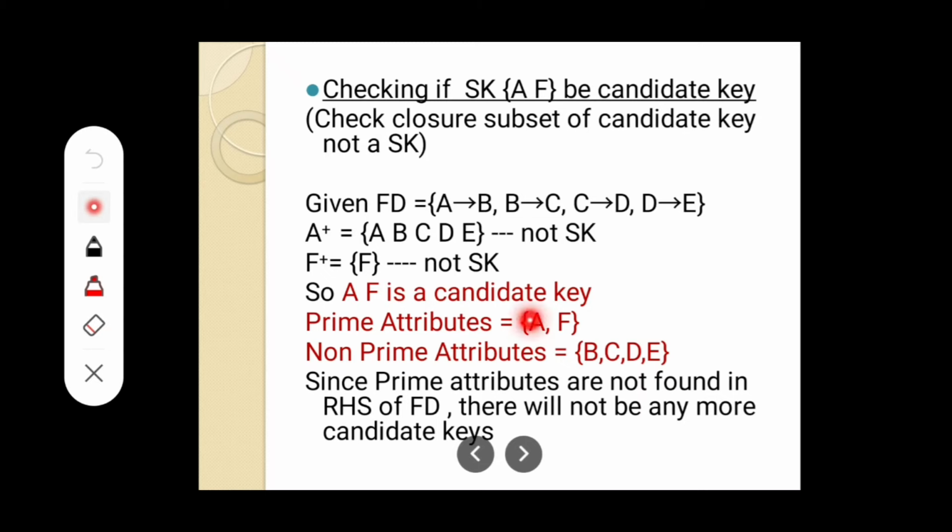Let's see whether A and F are there in the RHS. Is A there? No, A is not there in the RHS. F? No, F is also not there in the RHS. Okay, so we can confirm that there is no more candidate key for this given relation. There is only one candidate key, which is AF. Okay, this is the confirmation.